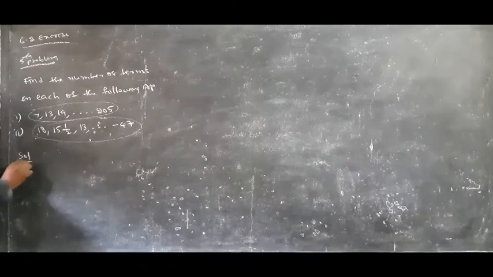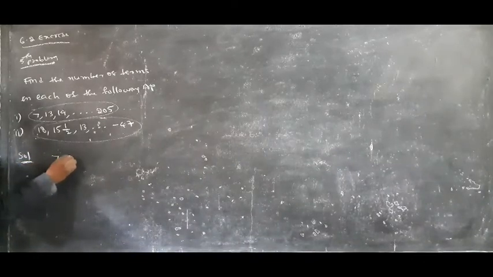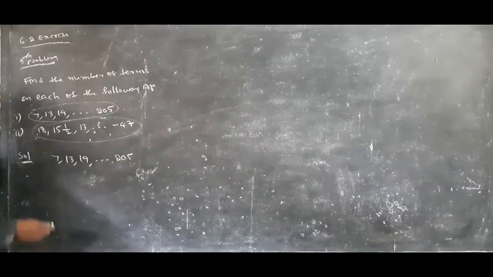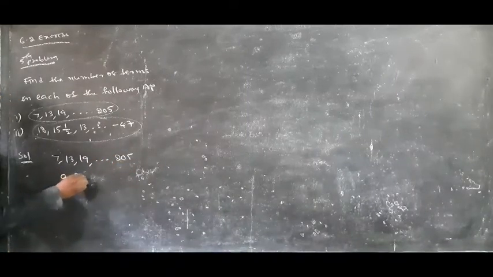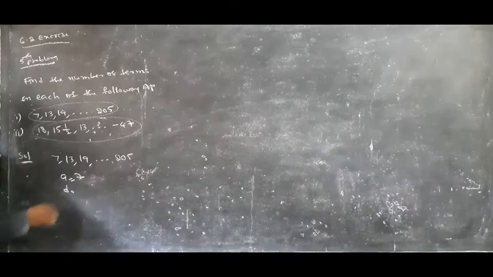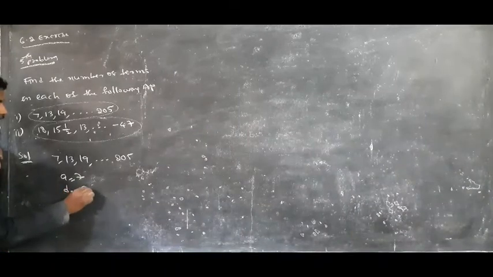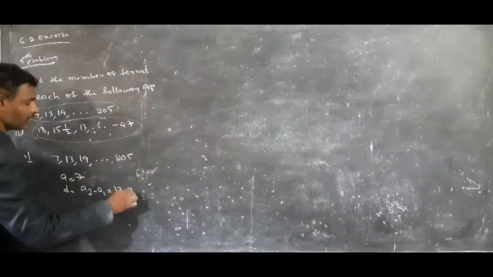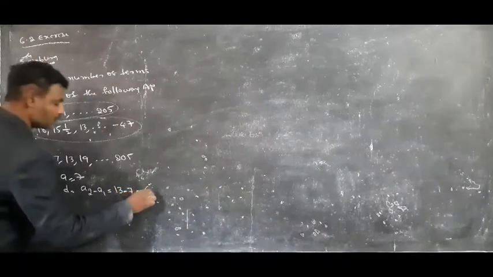Solution. What is the first question? 7, 13, 19 up to 205. See, a is the first term, 7, and d is the common difference, a2 - a1. What about a2? 13 - 7 = 6.